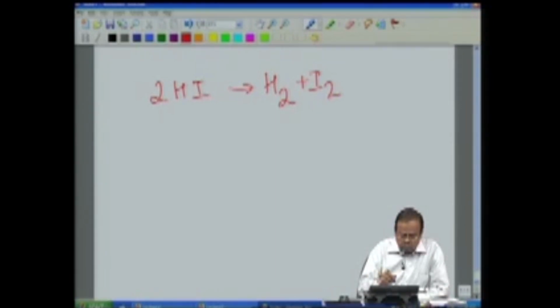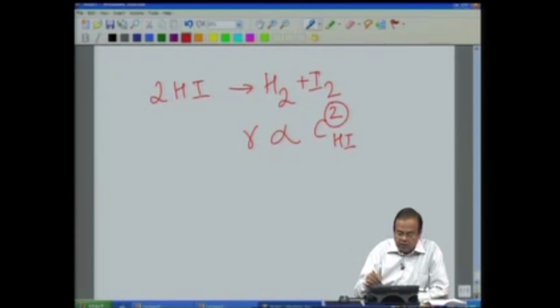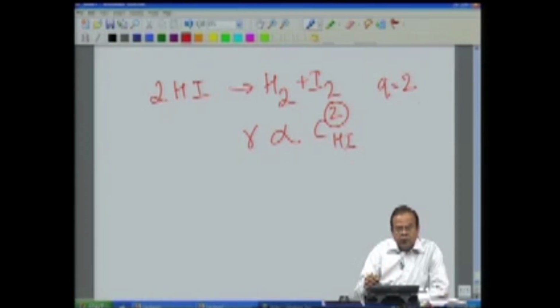Now, it turns out for this particular reaction, the rate of reaction is proportional to concentration of hydrogen iodide raised to power 2. So, clearly in this case Q is 2, there is only one species in the reactant side. So, our Qj and Q are same. So, this is the order of the reaction. So, Q can be an integer.